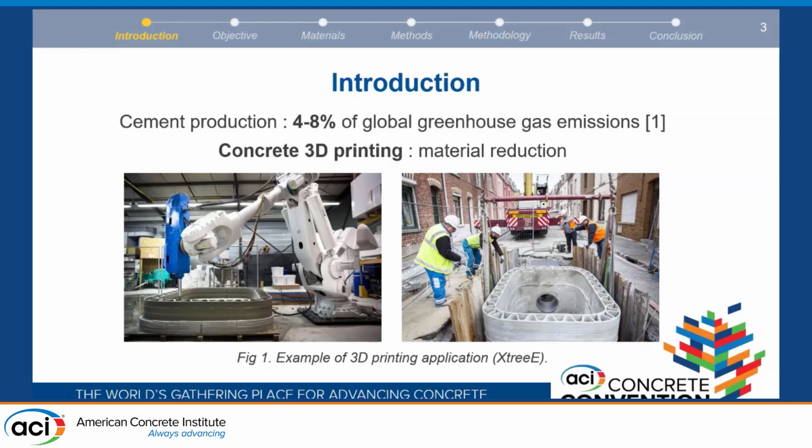And especially in our study, it proposes a way to reduce the material consumption. As we see on these figures from the French company X3, concrete 3D printing benefits from the absence of formwork and the structural and topological optimization it offers.